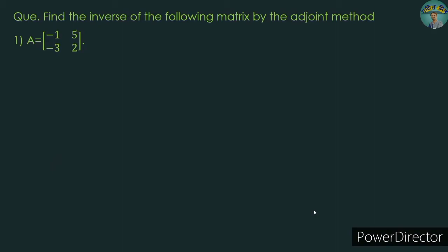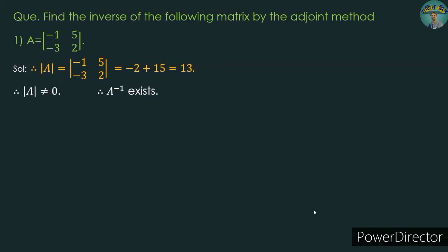Initially, take this 2 by 2 matrix. As a first step, I am going to find out the determinant of A, which is 13 in this case. Obviously, you can say determinant A is non-zero and therefore A inverse exists. Also, we are going to use this value in our final step. Now, our next aim is to find all the cofactors and its adjoint.